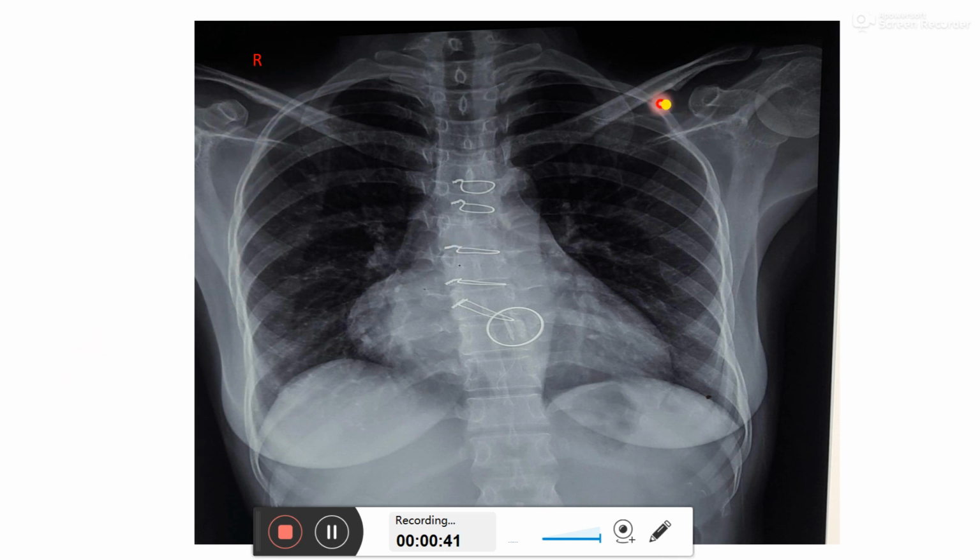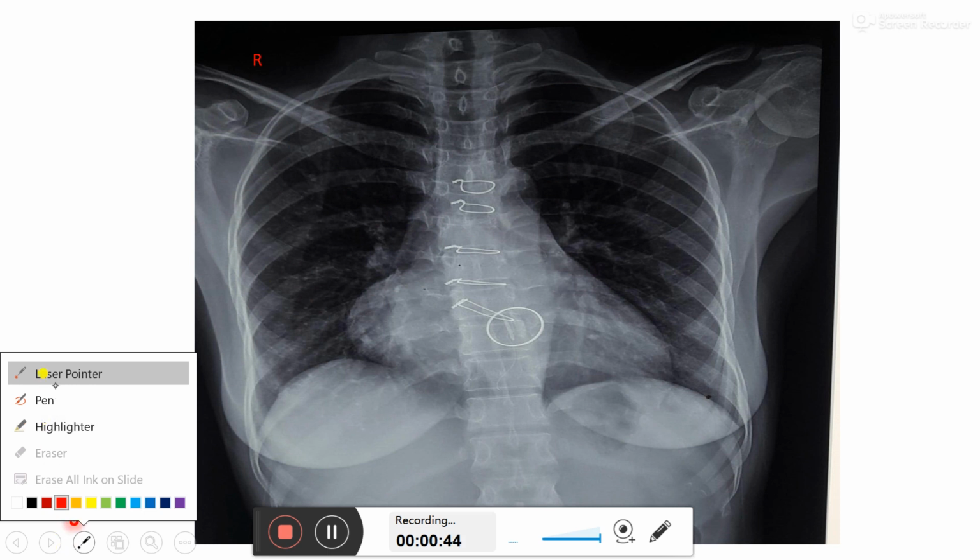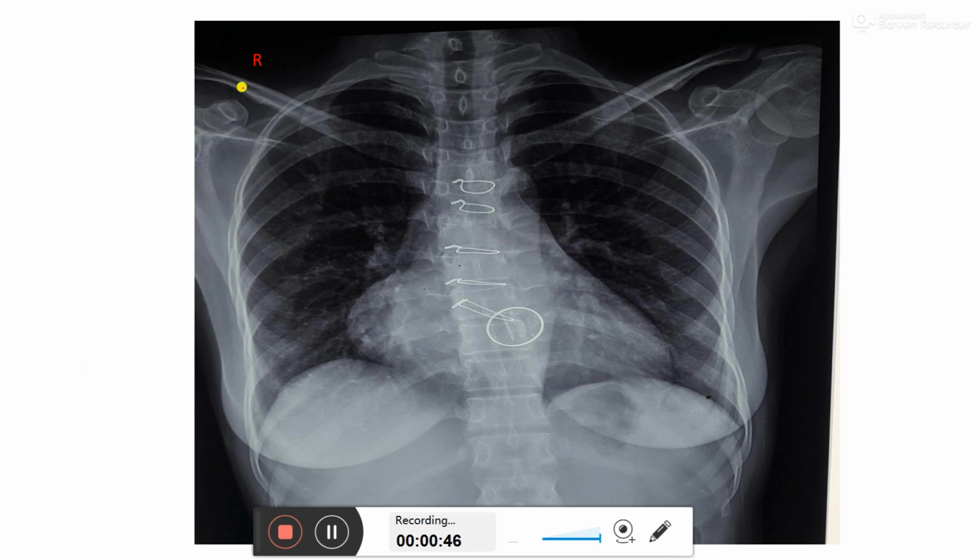The lengths of both clavicles are more or less equal, so positioning is normal.